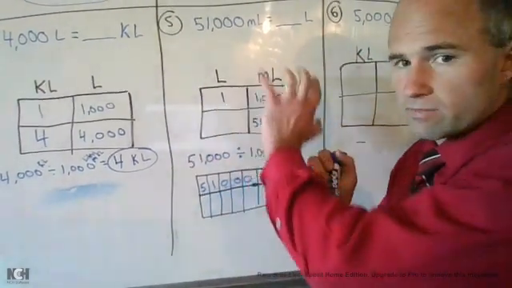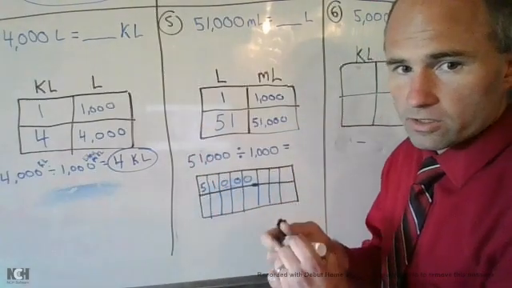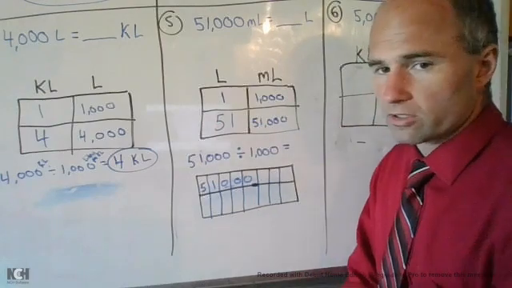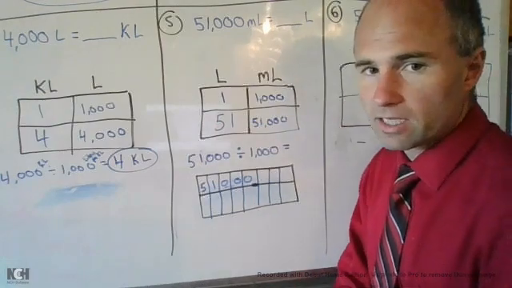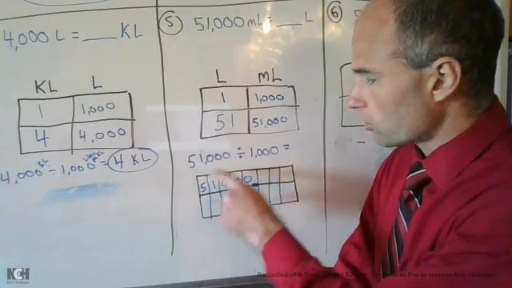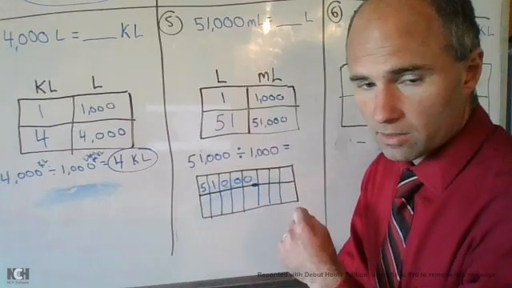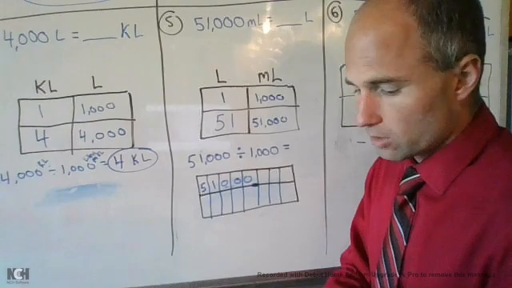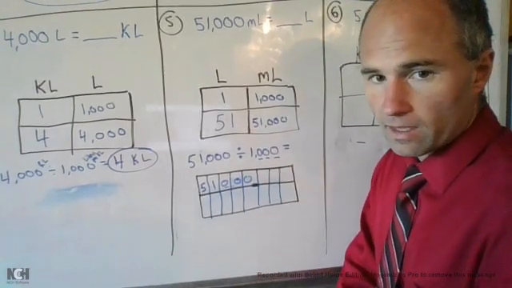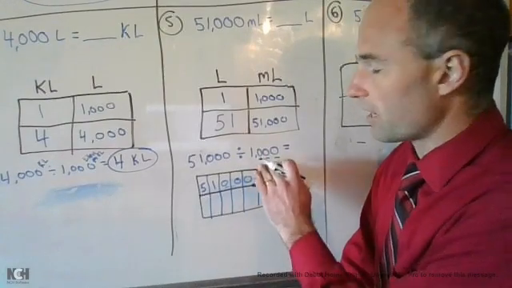Now, some of us could do this mental math in our head and get 51. Others might need to make the expression. And then you see all these zeros and you're like, my goodness, I don't know what 51,000 divided by 1,000 is. So you could also use this trick here, which would shift the digits around the decimal. So you have to look at how many place values have zeros. Or another way of saying this, what is 1,000?